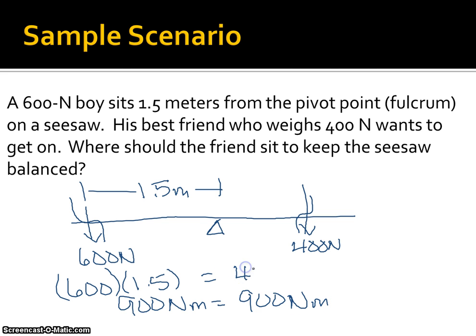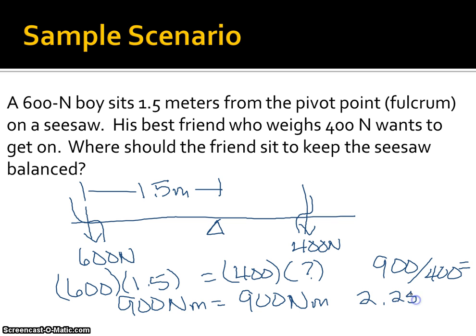So 400 times what distance is going to give us 900? And we can just basically say 900 divided by 400, and that gives us 2.25 meters. So this person has to be 2.25 meters to make it balance out.